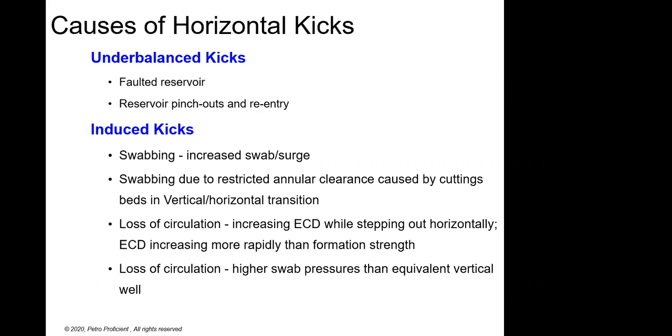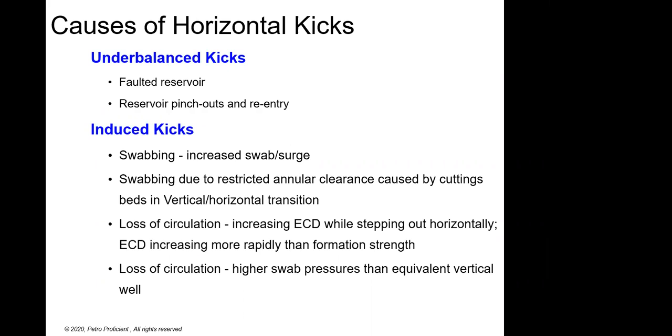The other could be an induced kick in horizontal wells. An induced kick can be because of swab and surge effects, if there's a restricted annular clearance because of a cuttings bed in the transition zone, or because of a loss of circulation.